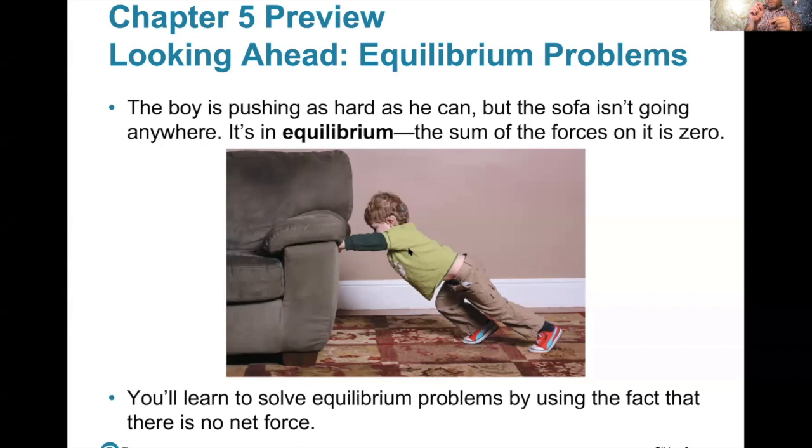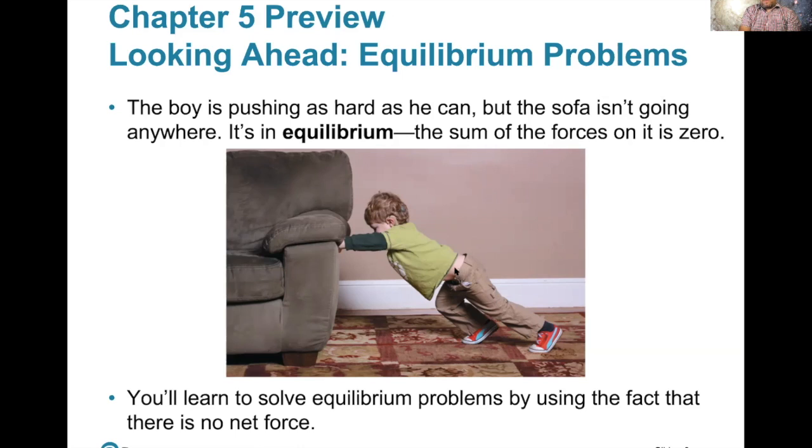And remember, however much force the boy applies to the sofa is going to push back on him with an equal and opposite amount of force. So if the sofa is not moving, then it's going to push back on the boy, and so they're going to be in equilibrium.